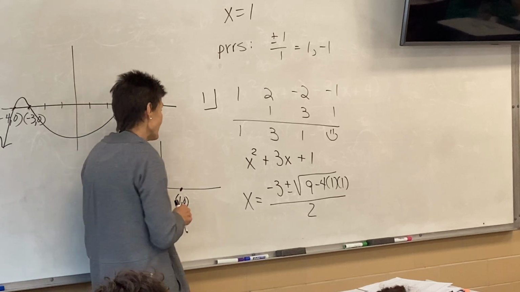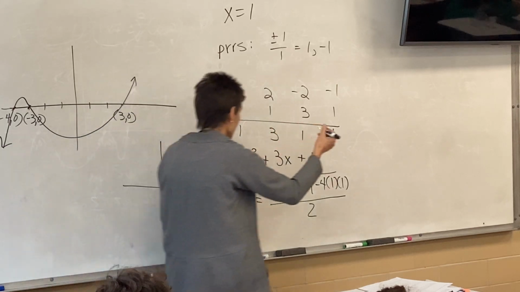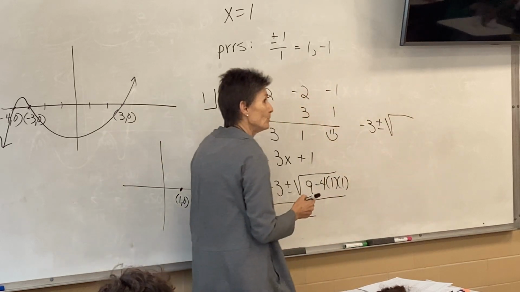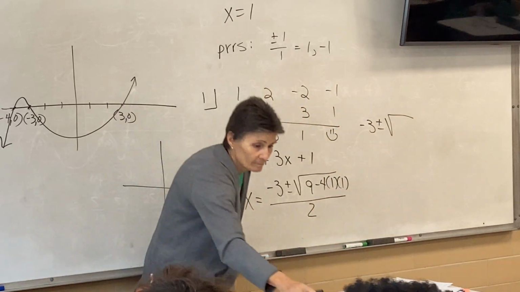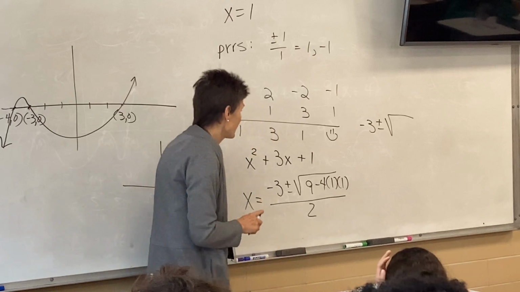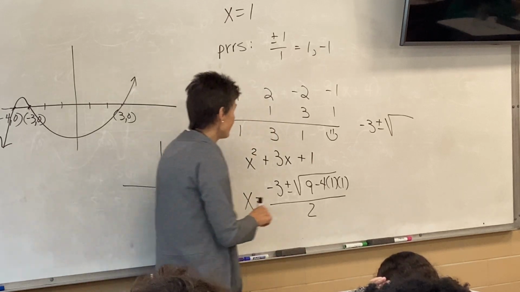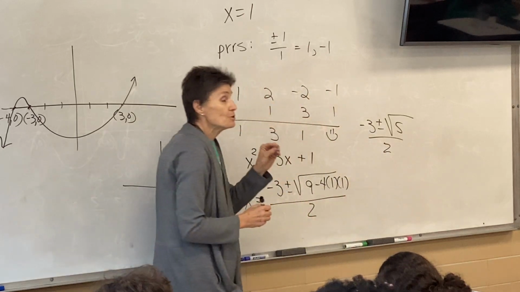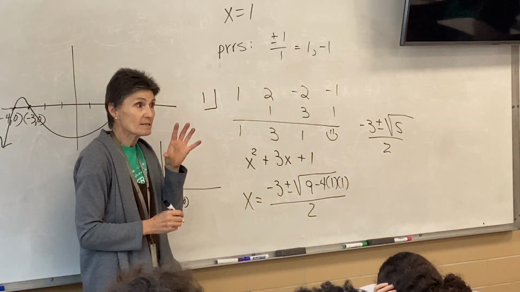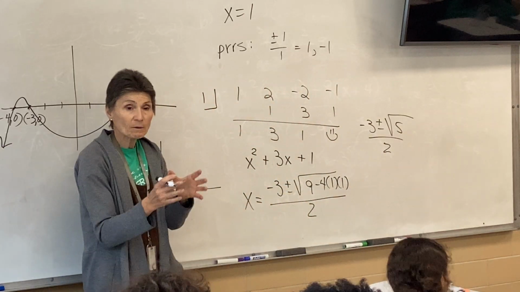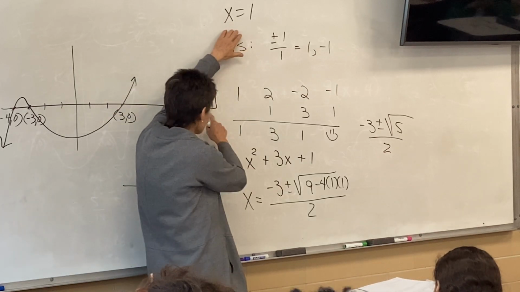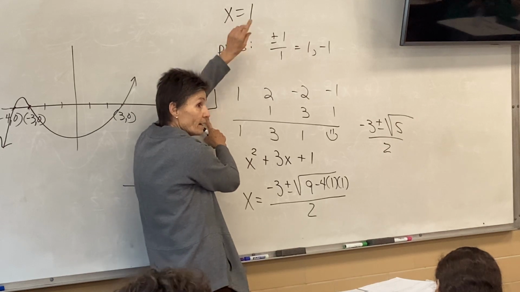All right, so what do I end up with? Negative 3 plus or minus the square root of 5, over 2. Now, do the directions say I have to graph this? No, they just said tell me what x equals. So one of the x values is 1. That's the number that we guessed.